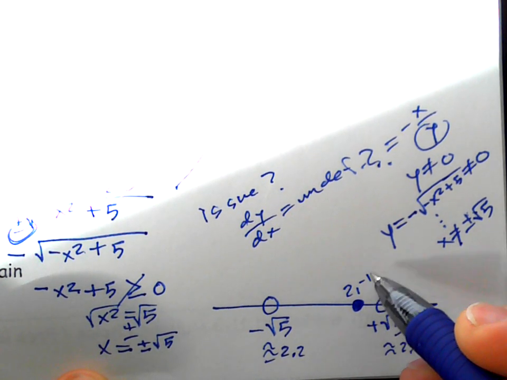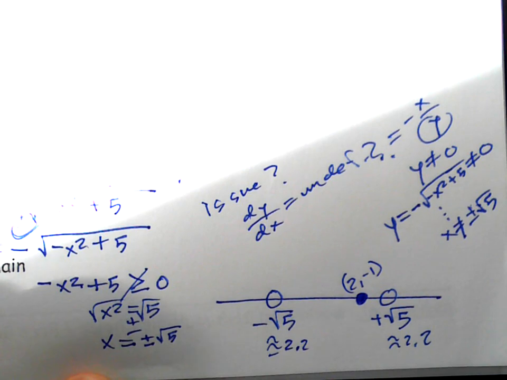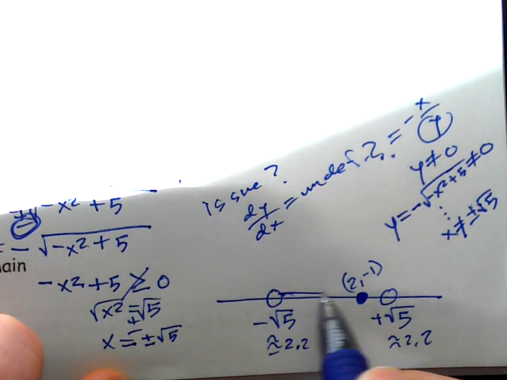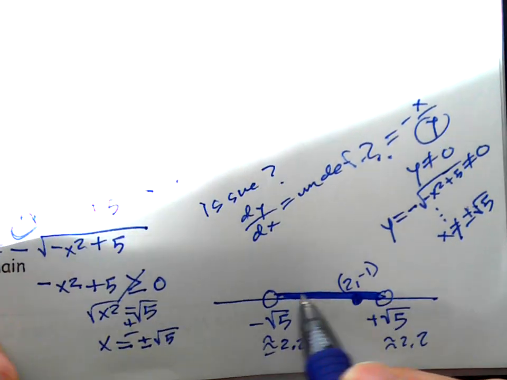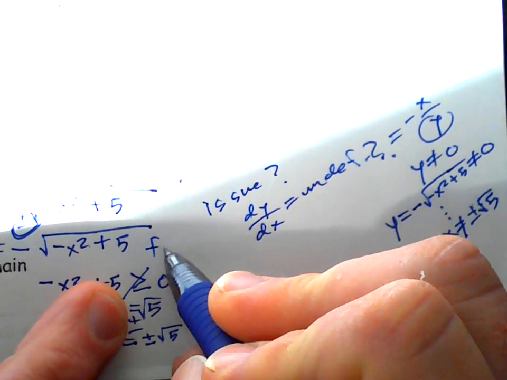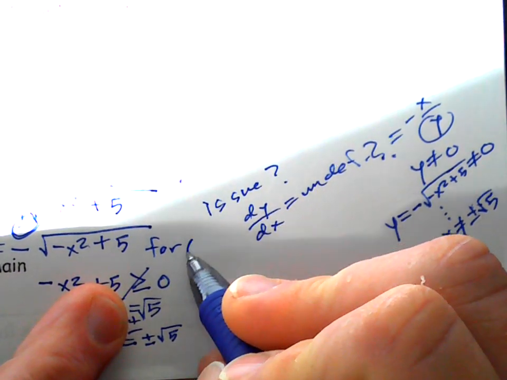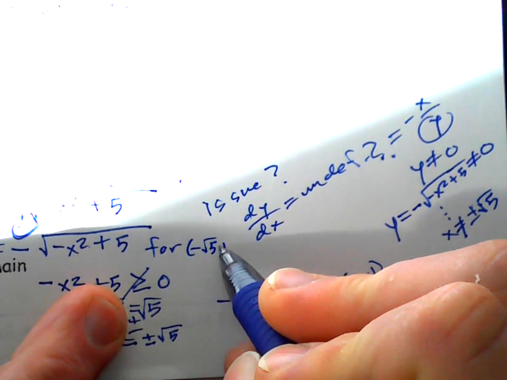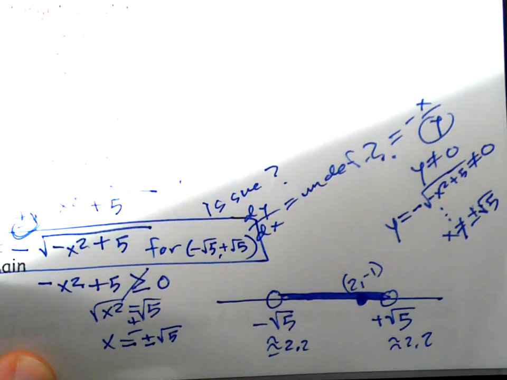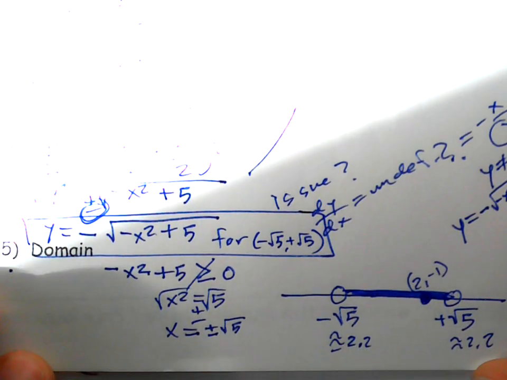I'm just writing that on here; it's not going to be part of my domain as an endpoint. So this whole chunk right here is the domain. We write our answer up here, but we say that it works for negative root 5 to positive root 5. And that has to be included in your answer to get full credit.